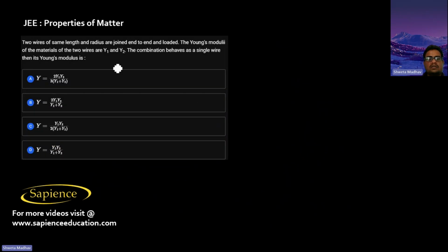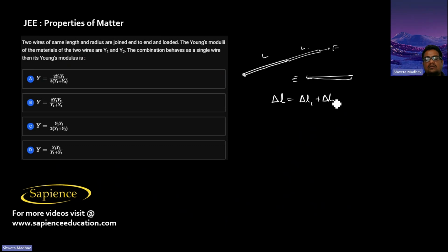So here it has been told that two wires of same length and radius are joined end to end. Two wires are having same length and same radius, they are being joined end to end. The Young's moduli of the materials of the two wires are y1 and y2. If the combination behaves as a single wire, then its Young's modulus is. So here the net extension will be equal to delta L1 plus delta L2.